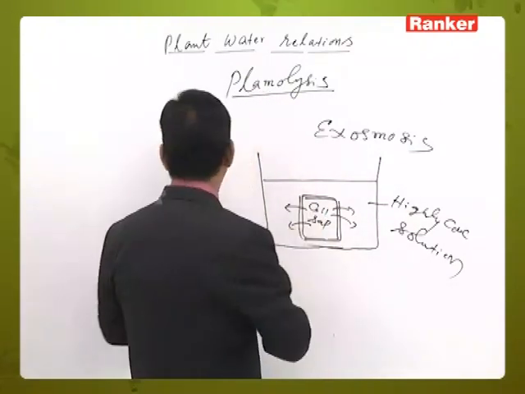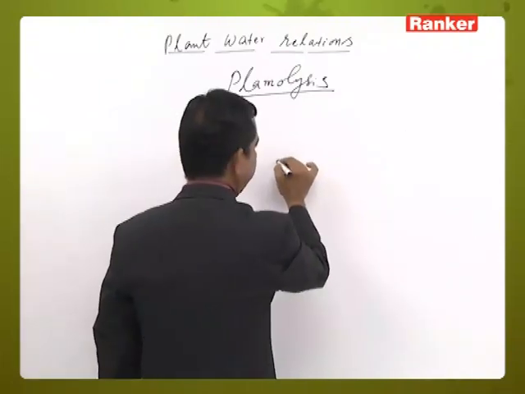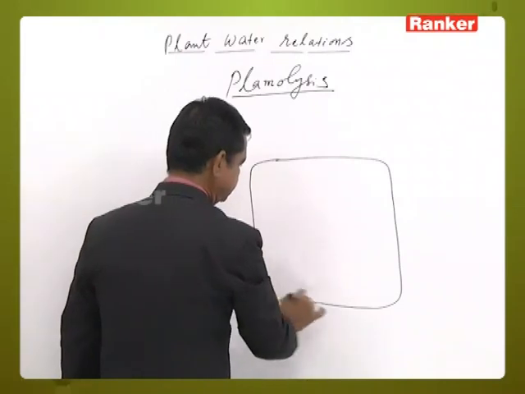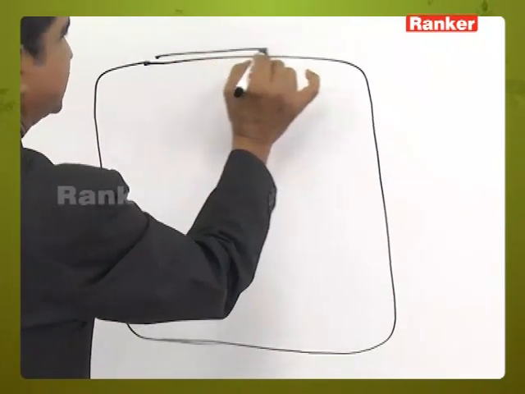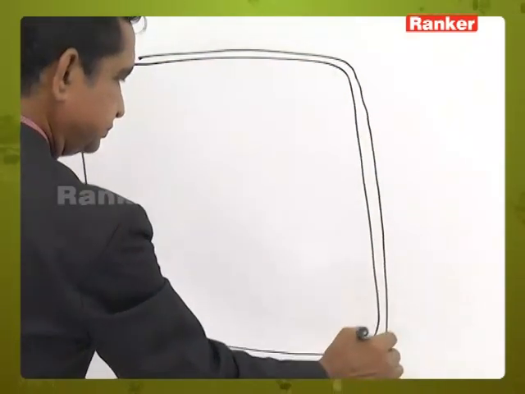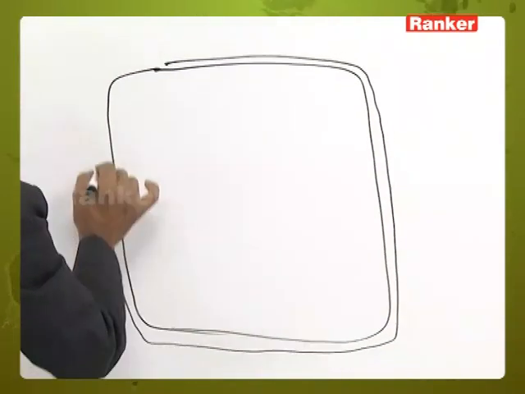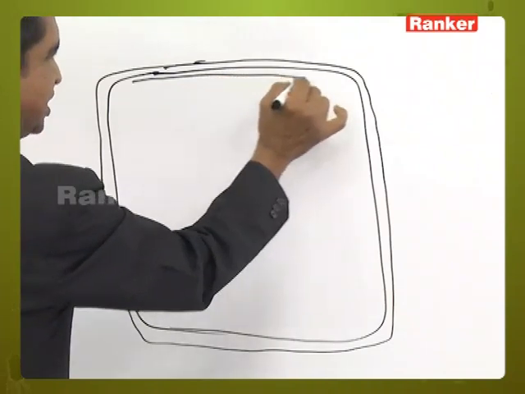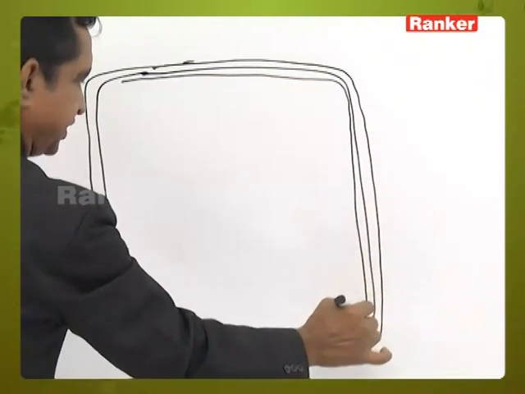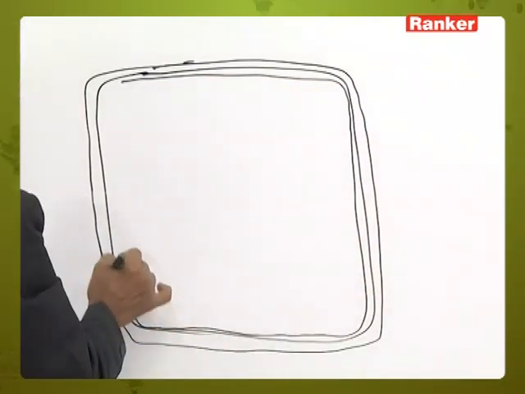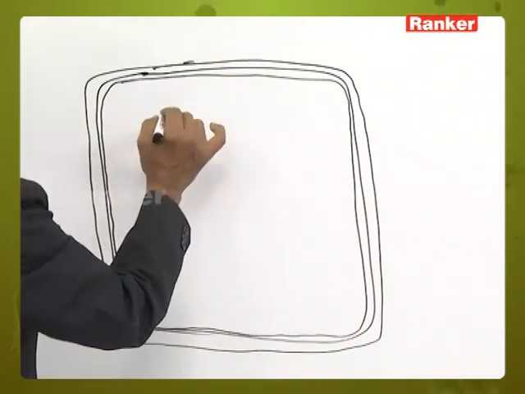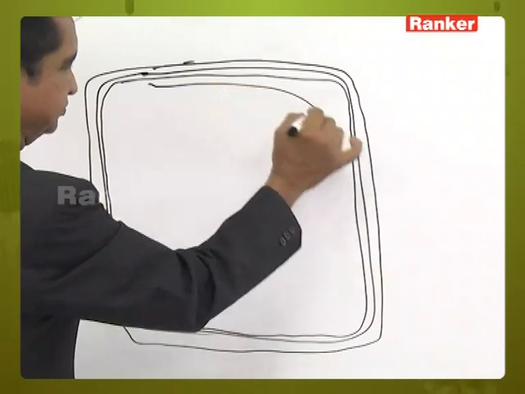When it shrinks, say here is the cell and here is the cell wall. And this is plasma membrane abutting the cell wall. And here is protoplasm.